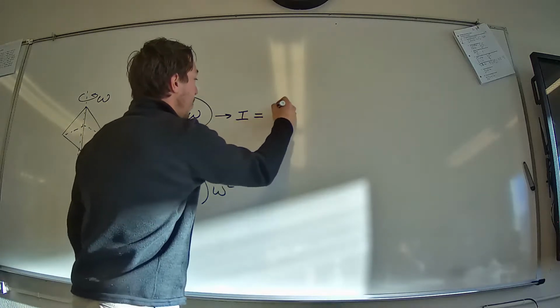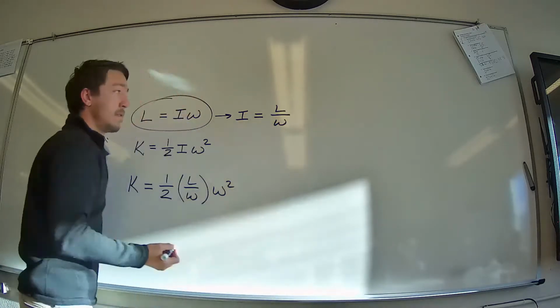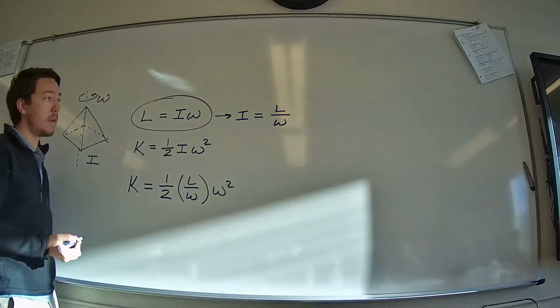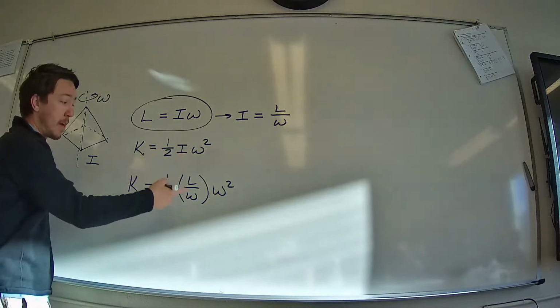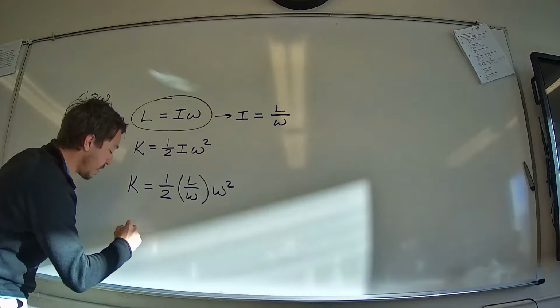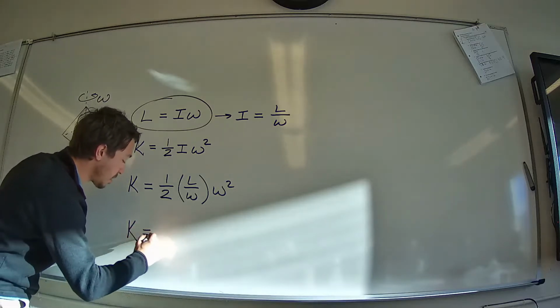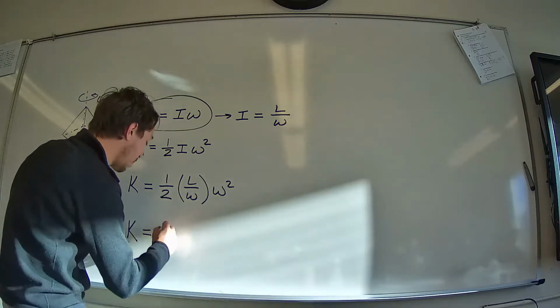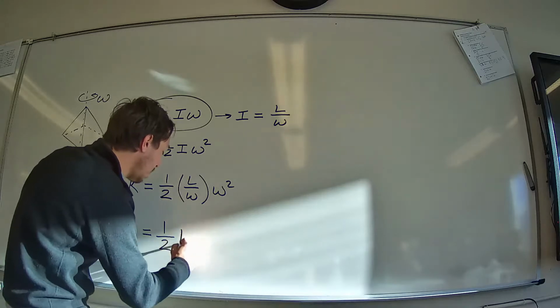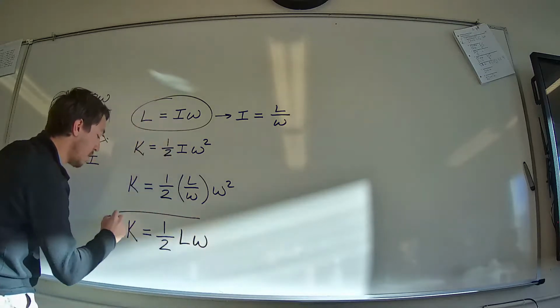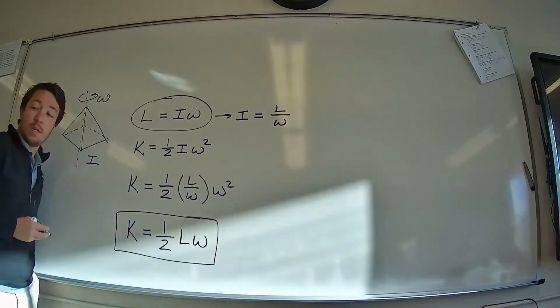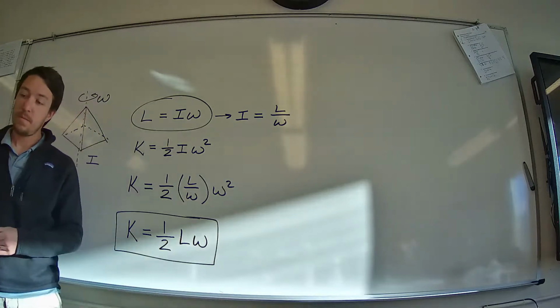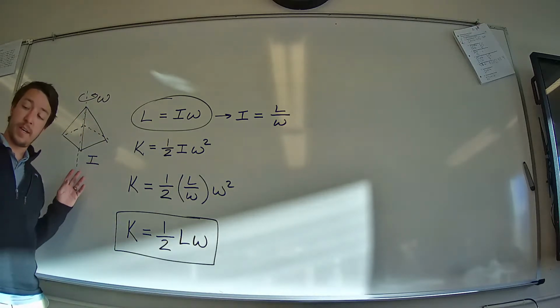The I can be written as L over omega, right? So I replace the I with L over omega, and then I can simplify, and you get this nice relationship. 1/2 L omega. Yeah, that's pretty. Now, don't let this fool you.